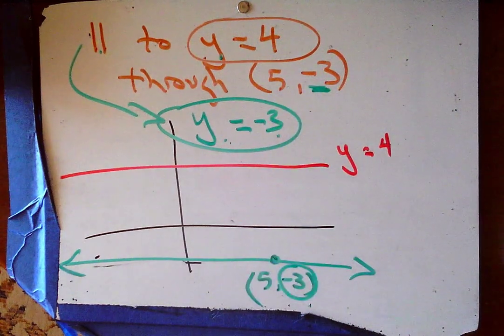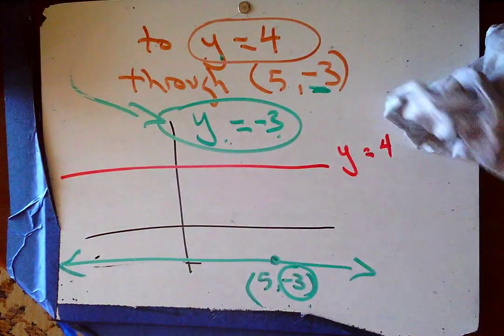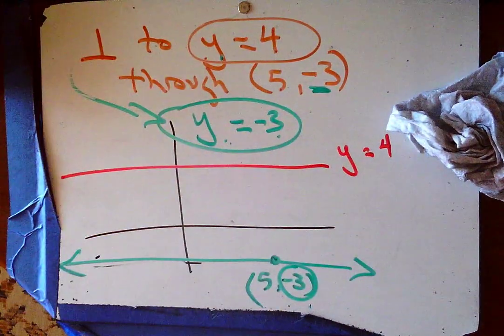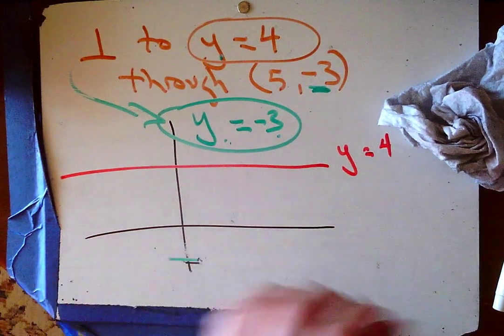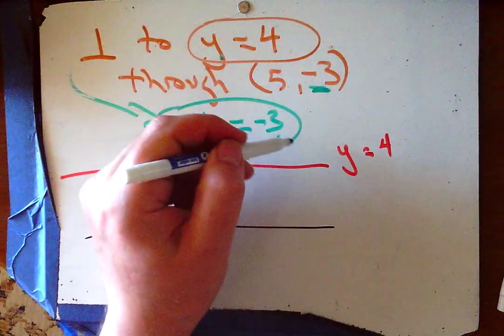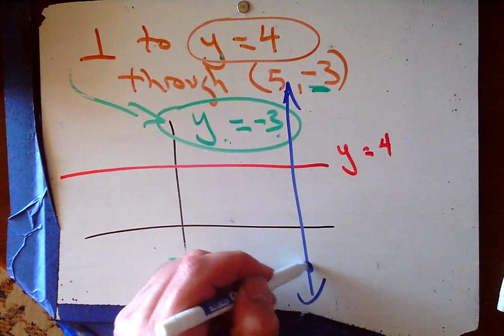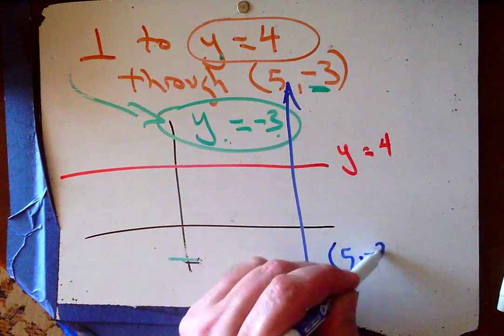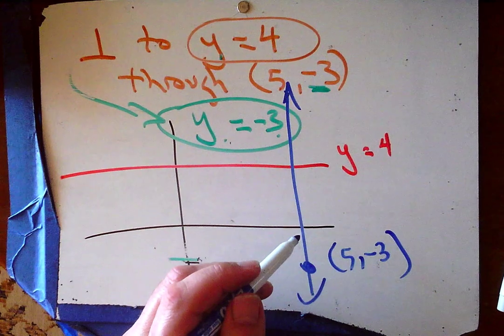Okay? What if we change that to be perpendicular to y equals 4? Well, perpendicular to a horizontal line is a vertical line. And so I want to write the equation of this line, (5, negative 3). What was the equation of any vertical line?